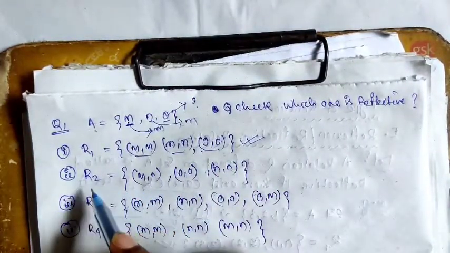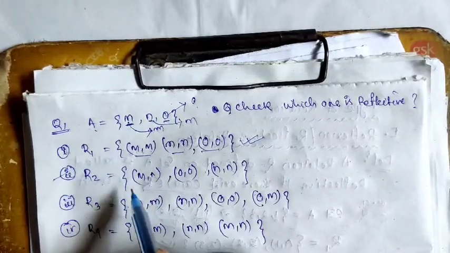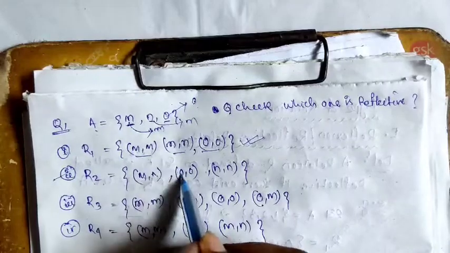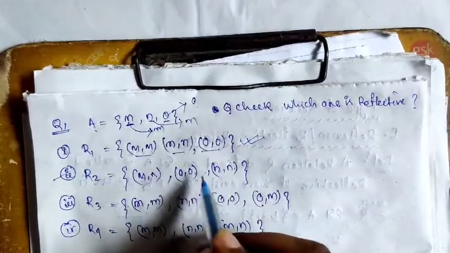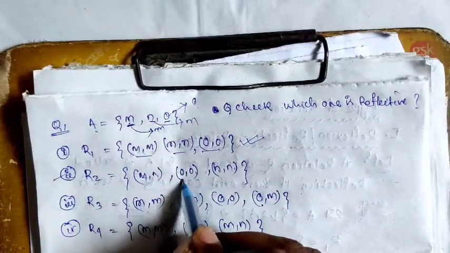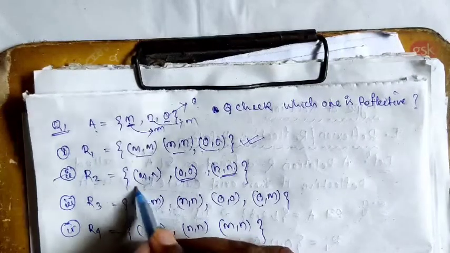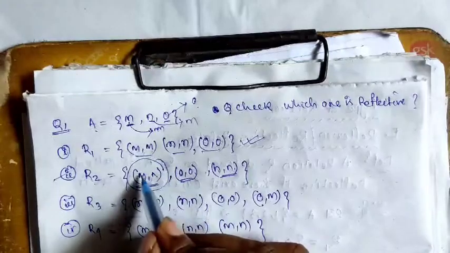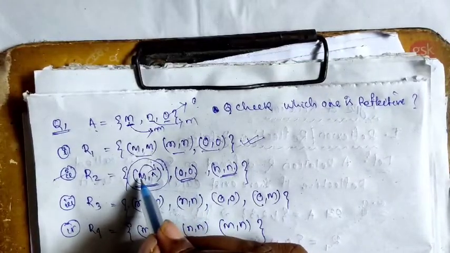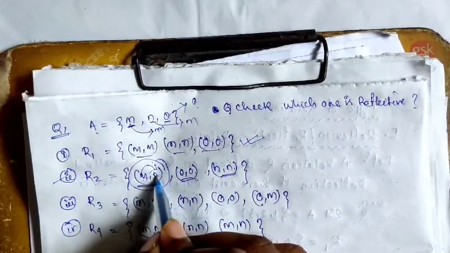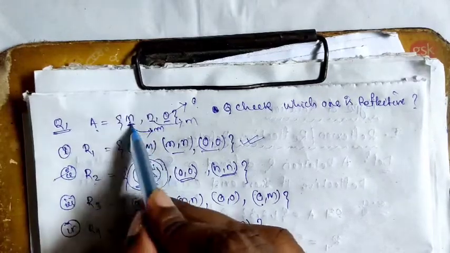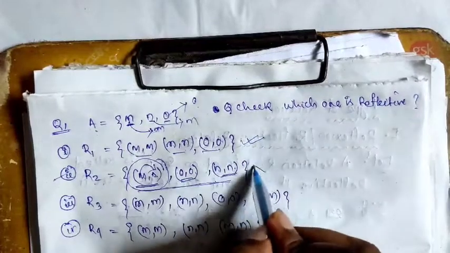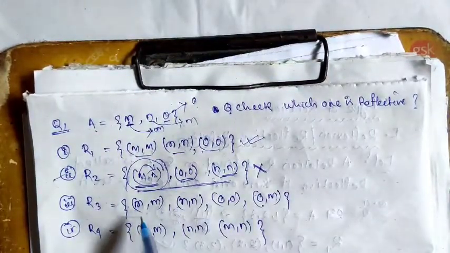Again check the second question, where relation 2 has (M,N), (O,O), (N,N) ordered pairs. Necessary 2 ordered pairs are present, but for the third, M is not related to itself. Means M should be related with M. The (M,M) ordered pair is missing here, so it is not a reflective one.